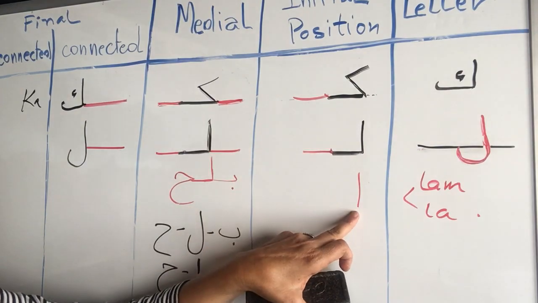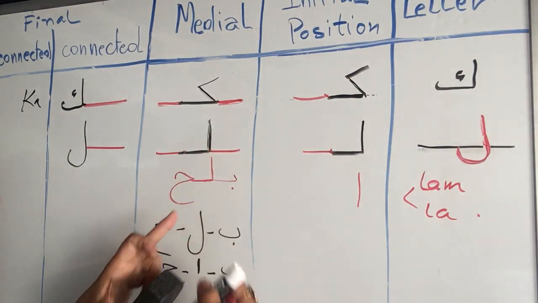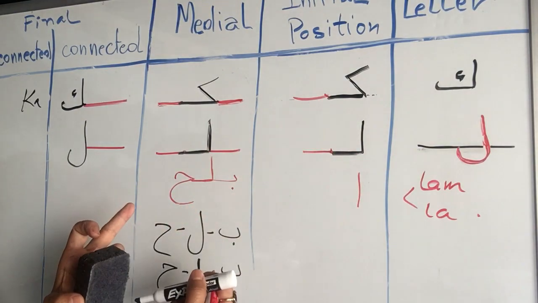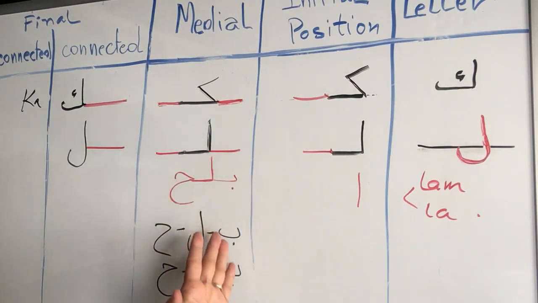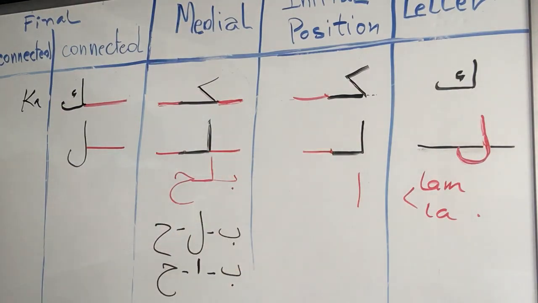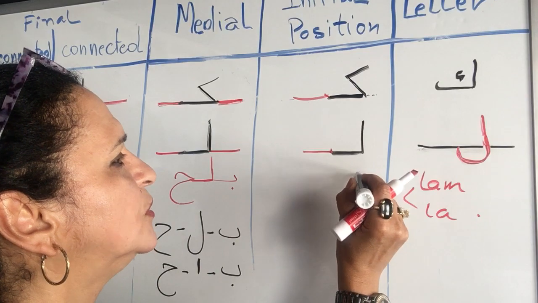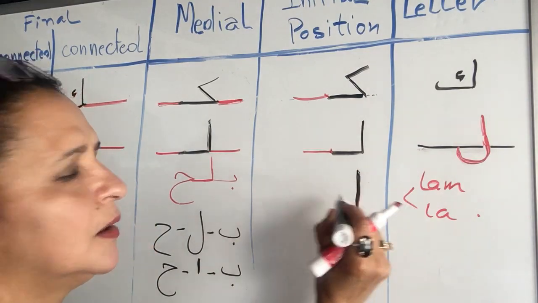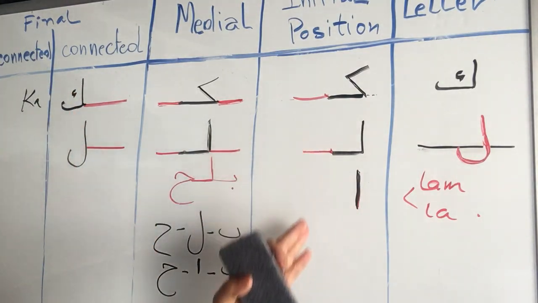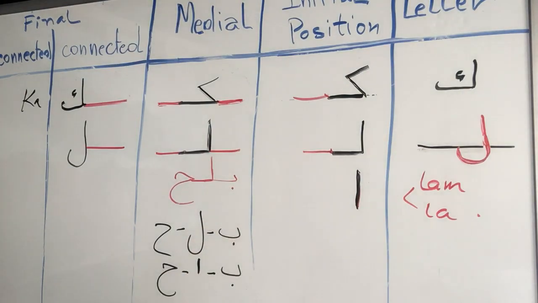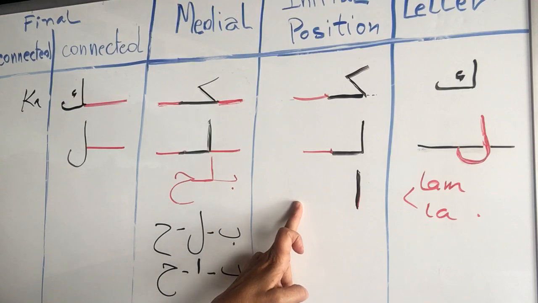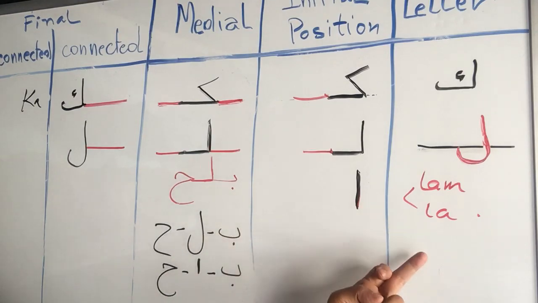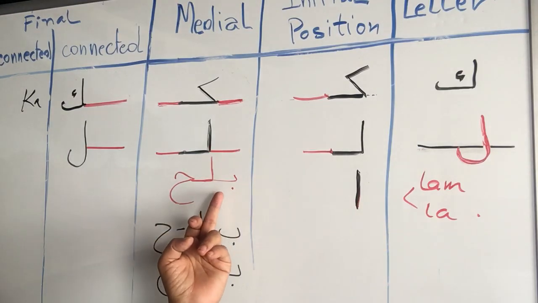Alif and lam. Alif doesn't connect after. Lam goes straight on the line to be connected. I hope I was clear with this. So how to know the difference between alif and lam? Let me write alif with the black here. The difference between alif and lam is that alif at the beginning of a word does not connect after, but it does connect before, because I have it in the middle position.